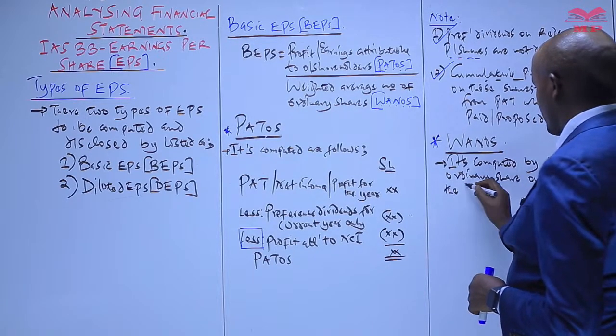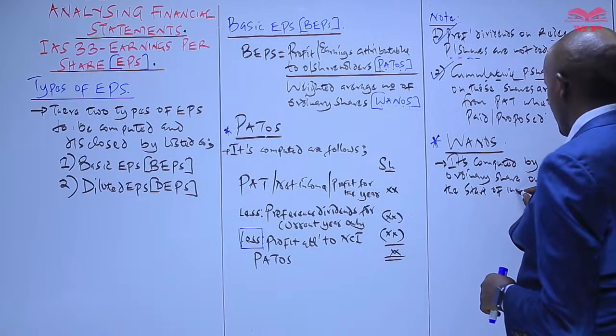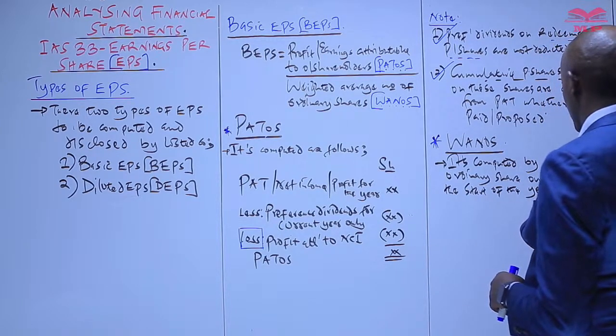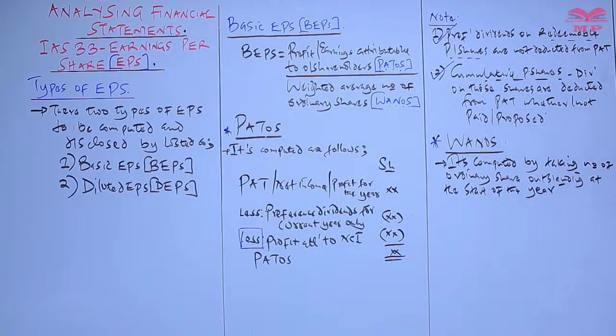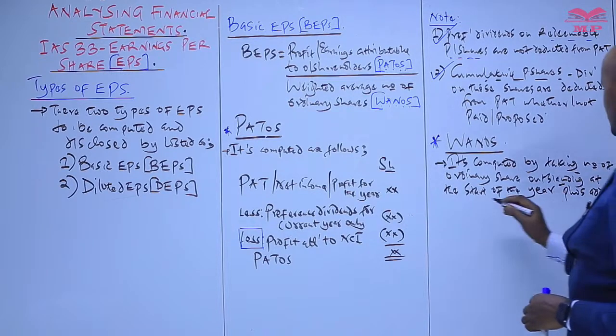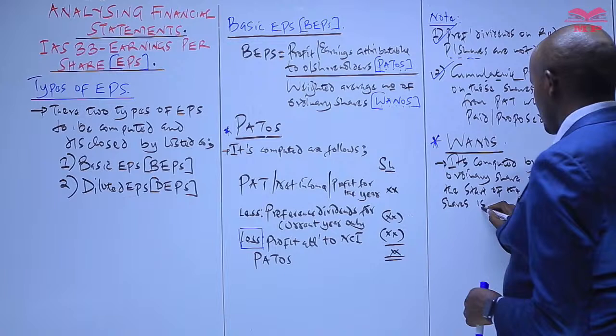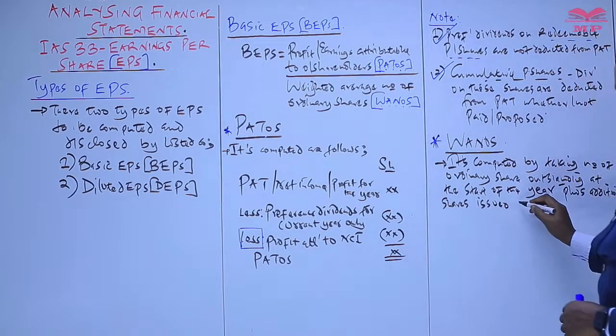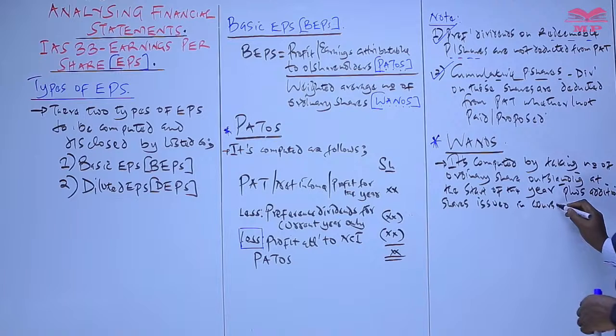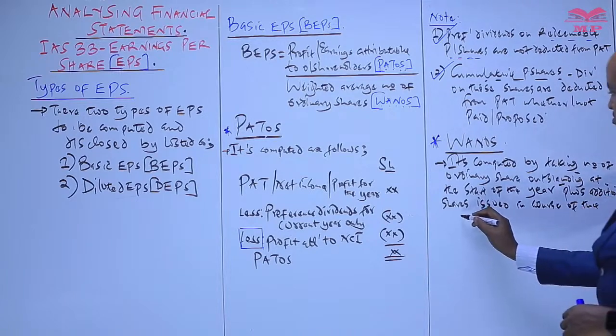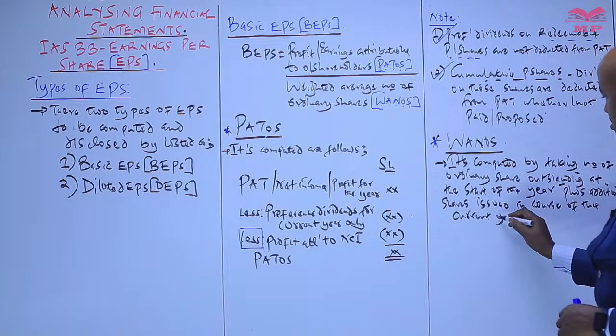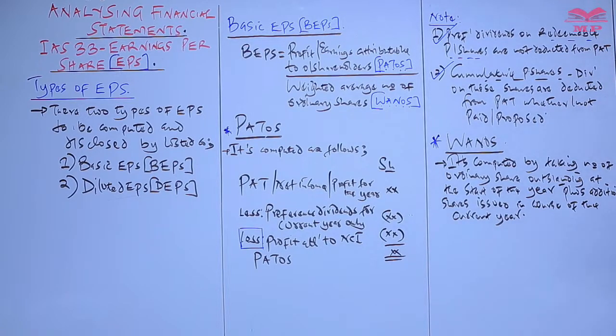When we talk about shares outstanding at the start, we are talking of ordinary shares issued and fully paid at the start of the year, plus additional shares issued in the course of the current year. So that's how we compute the weighted average number of ordinary shares.